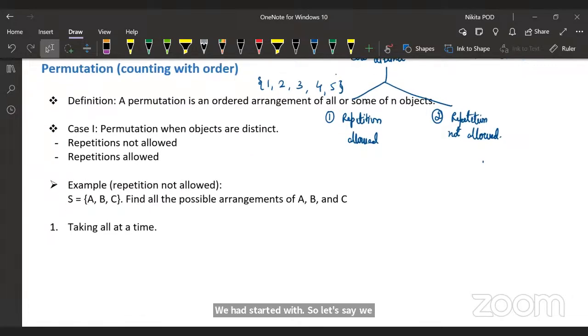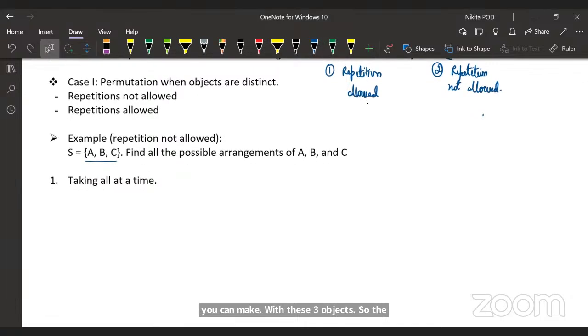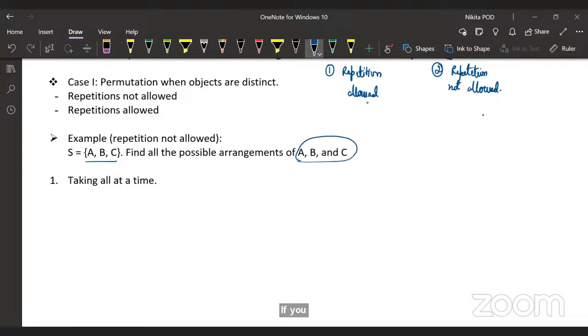Let's say we have a set with elements A, B, and C. You have to find all the possible arrangements with these three objects, taking all three at a time. How many ways can you do it?